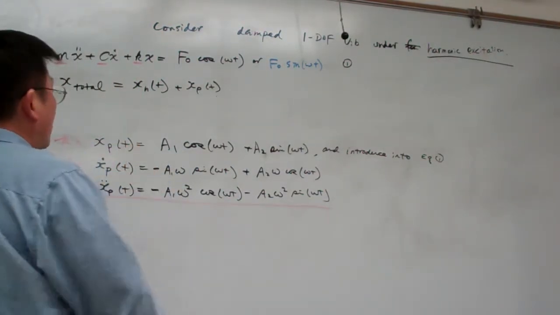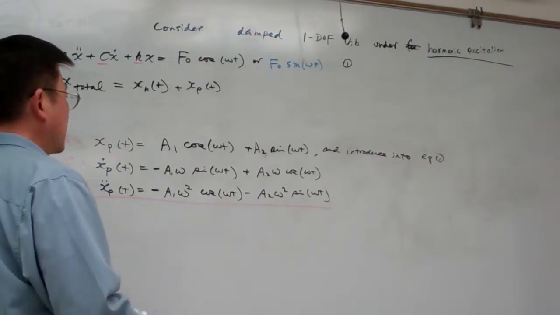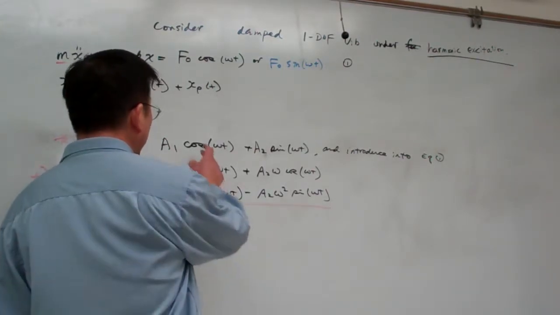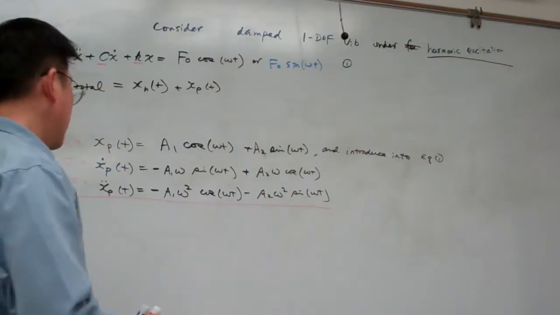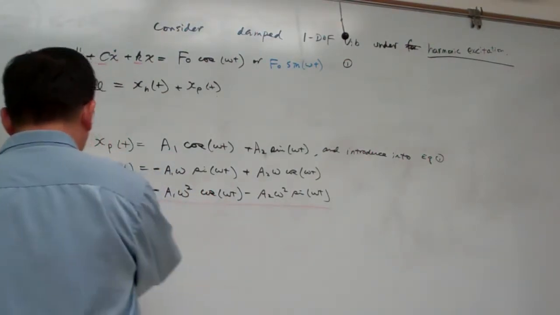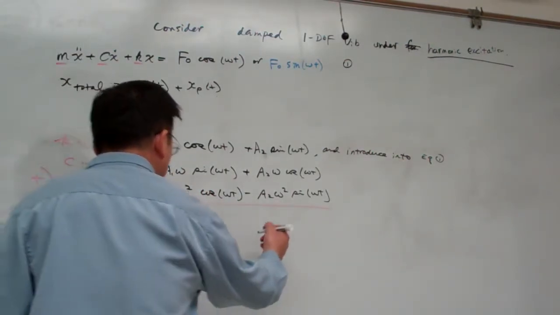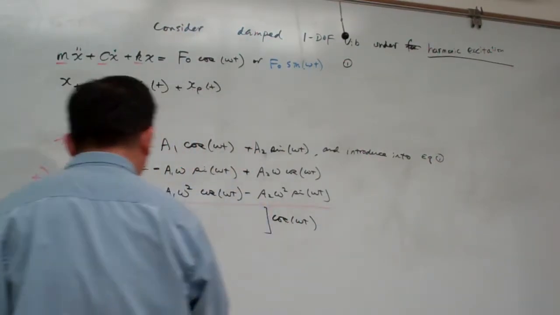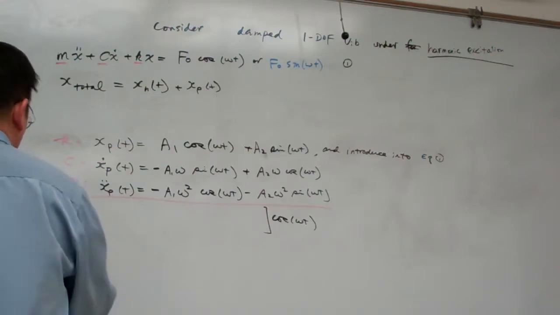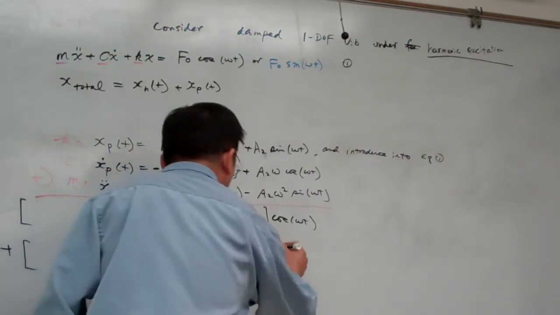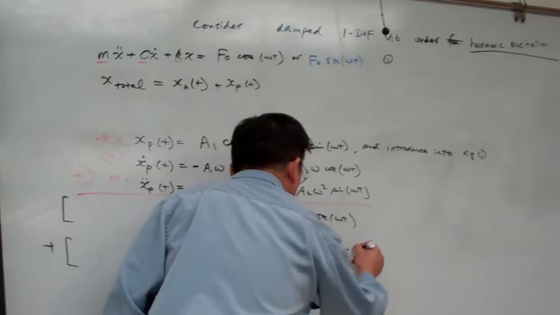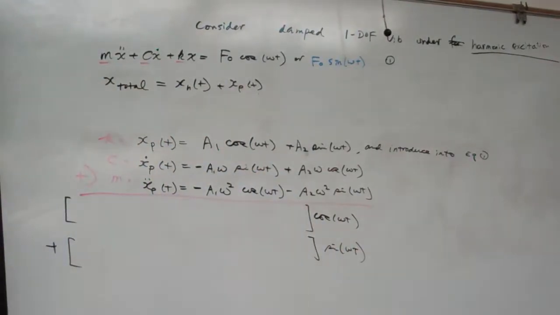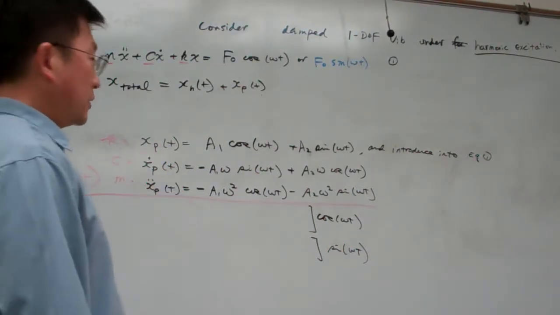For this one we simply collect the terms and associate them with cosine or sine. That means if we take the summation, we would have the term with cosine omega t multiplying something here, plus the terms multiplying sine omega t. Those summations I'm going to collect into this form.